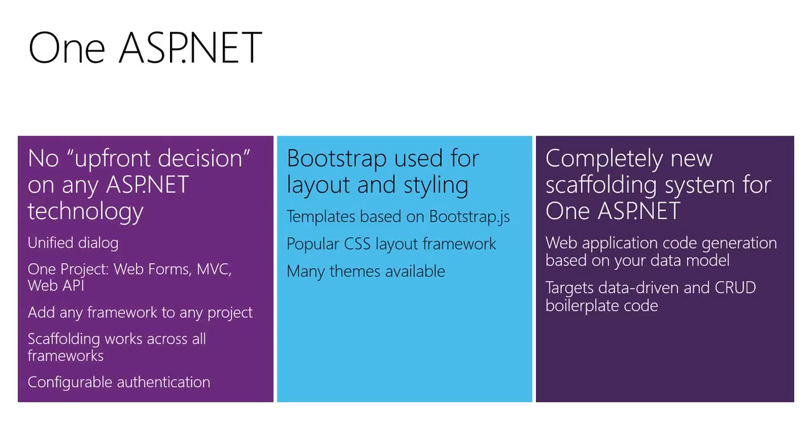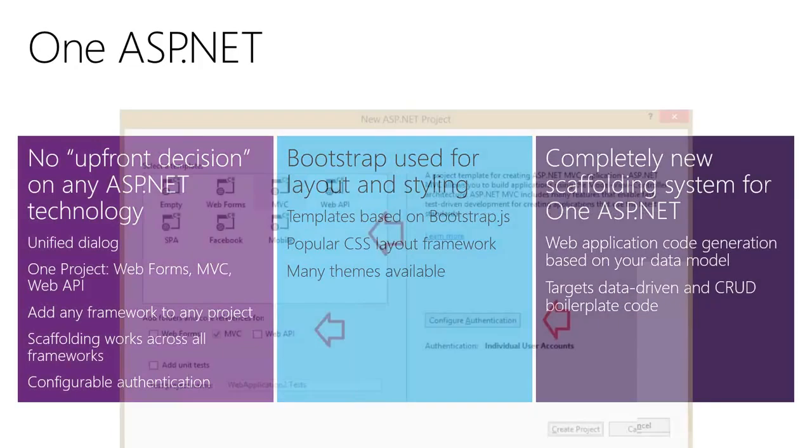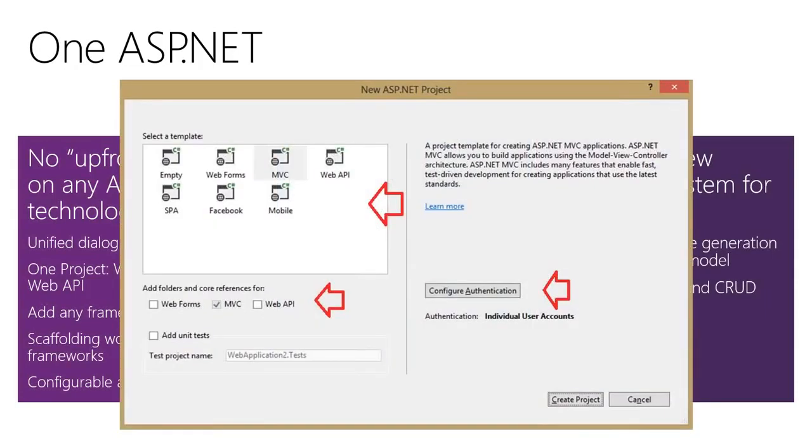The scaffolding now works for MVC, but you can also scaffold some stuff in web forms as well. So they've bridged that over so you can do that on both types of technology if you want. So again, when I say I want to build a web application, it's going to come up and ask me what type I want. Notice there's also an empty option there, which is very interesting.